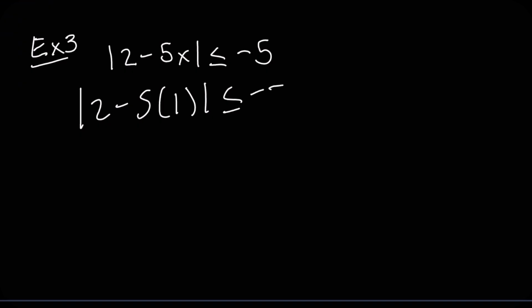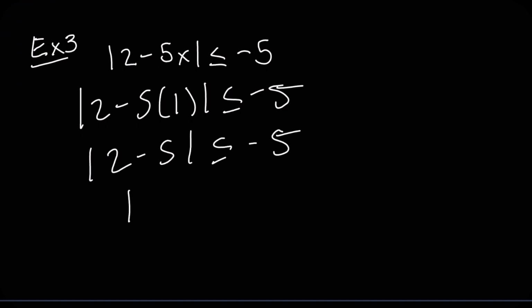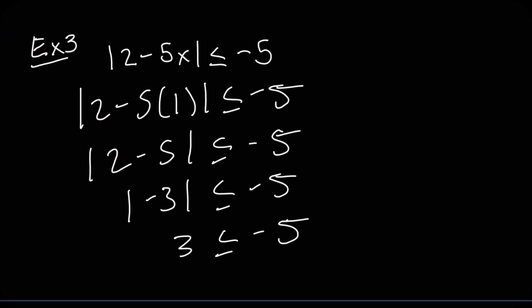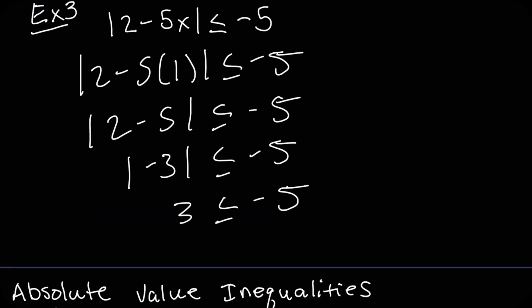We'll get the absolute value of 2 minus 5 less than or equal to negative 5, which would be the absolute value of negative 3, which is just 3 less than or equal to negative 5, which definitely doesn't make any sense.